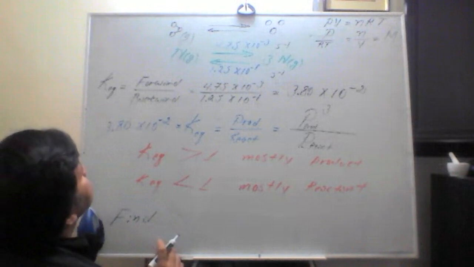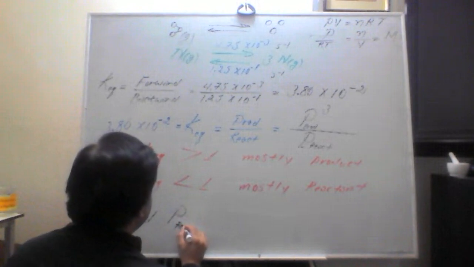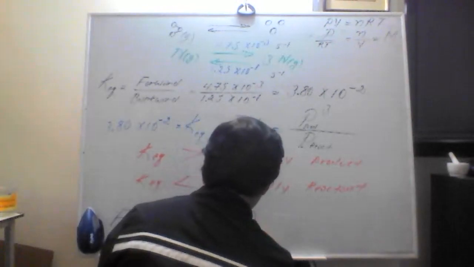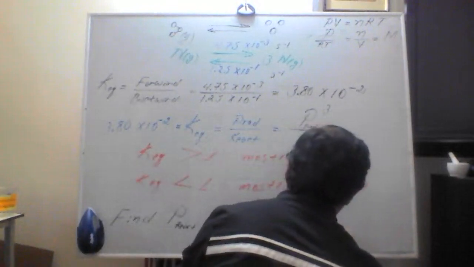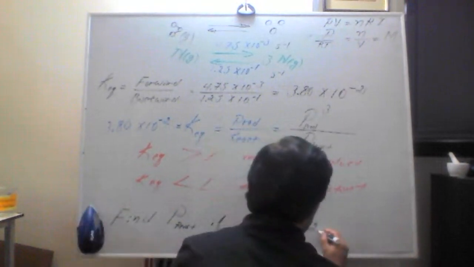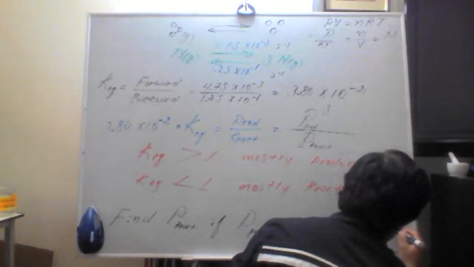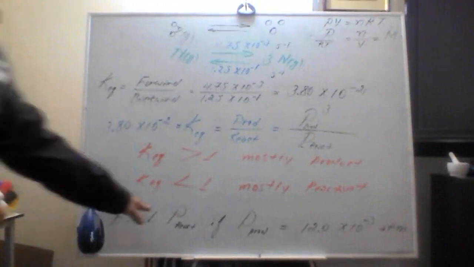Find the partial pressure of the reactant if the partial pressure of the product is equal to 12.0 times 10 to the minus 3 atmospheres. So we're writing here the pressure in atmospheres. The main reason is because this equation is in atmosphere. The pressure is in atmospheres, so you keep things consistent.